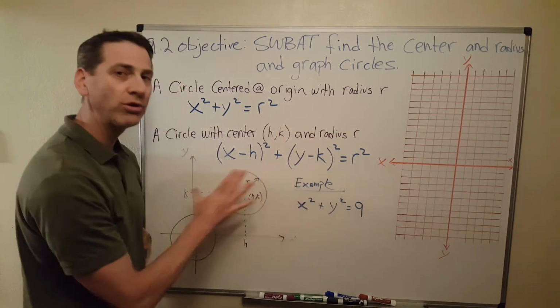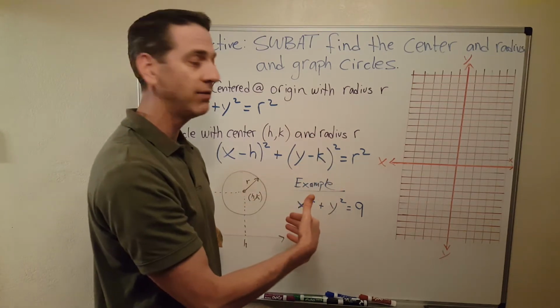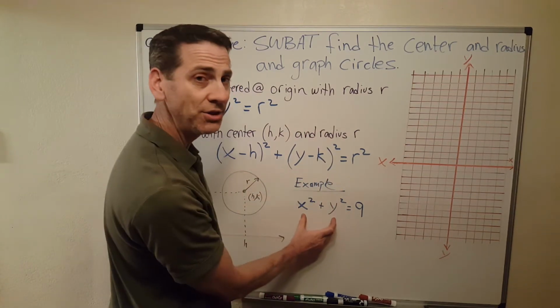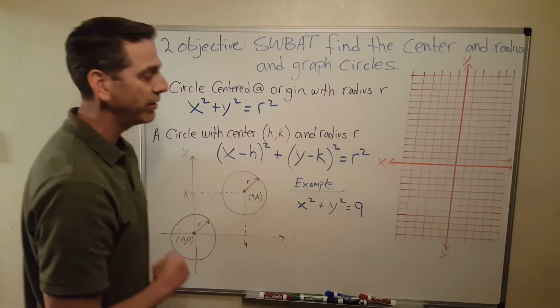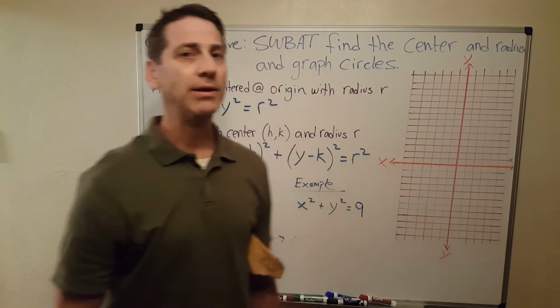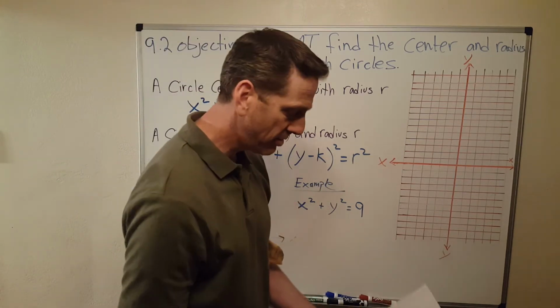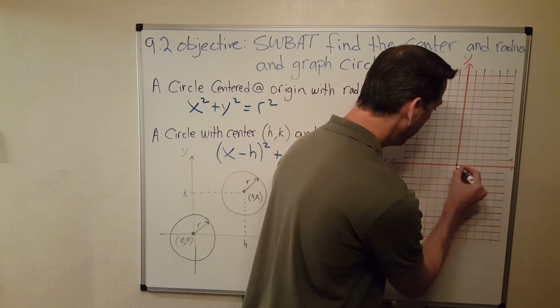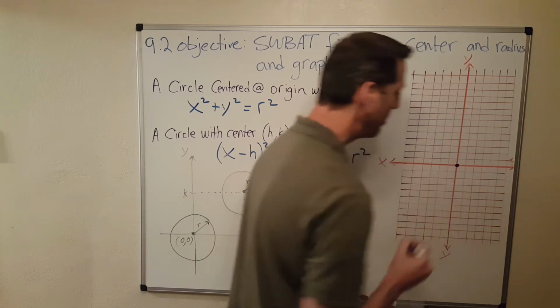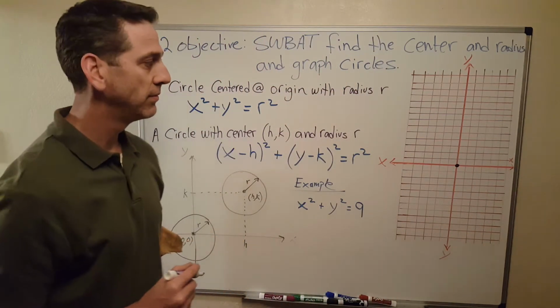Those both represent horizontal and vertical shifts. This doesn't have any shift in it. It's just x squared plus y squared equals r squared. So we know that the center of this circle is going to be right there at the origin.